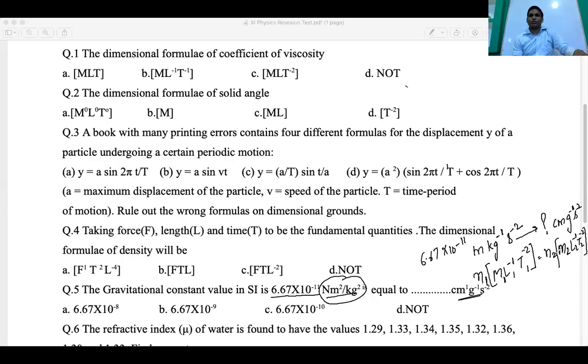Now what you need to do? You need to find out the N2. So how can you find it? N2 will be your N1 and this will be your M1 by M2, and this will be your L1 by L2 to the power minus 1, and this will be your T1 by T2 to the power minus 2.